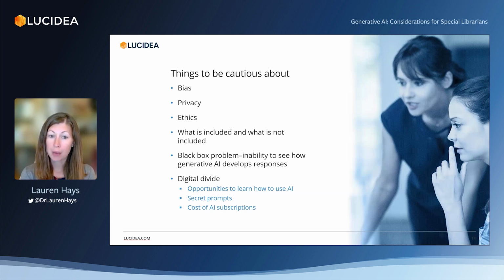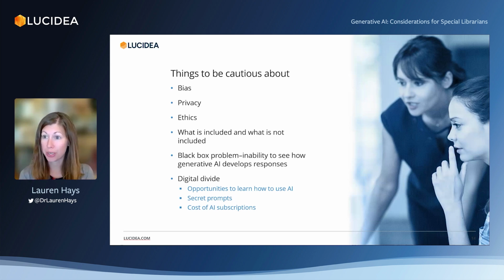There's also the black box problem, which is basically the inability to see how generative AI develops responses. This is really a lack of transparency. Once the systems and the generative AI start going, it's really impossible to go backwards and see how they came to the response that they gave you.